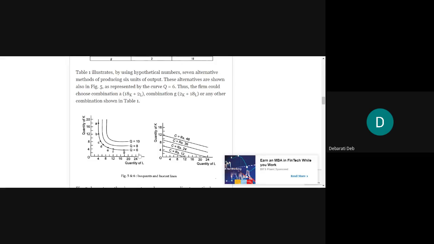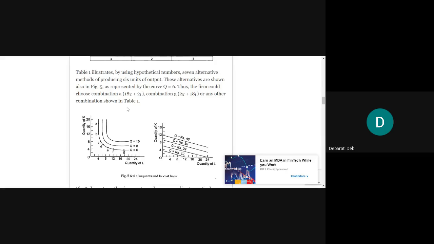Okay. And on the graph 6, that is on the isoquant 6, where Q is equals to 6, the different combinations of capital and labor has been plotted. This A, B, C, D, E, F and G are the different combinations of labor and the capital, right? When you're writing 18K plus 2L, this means what?